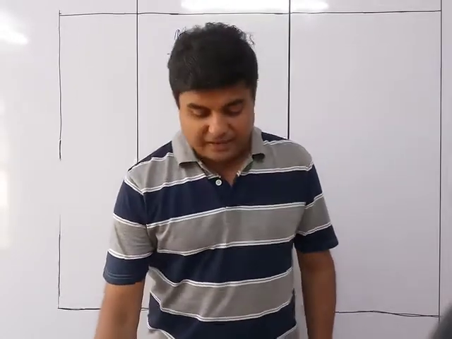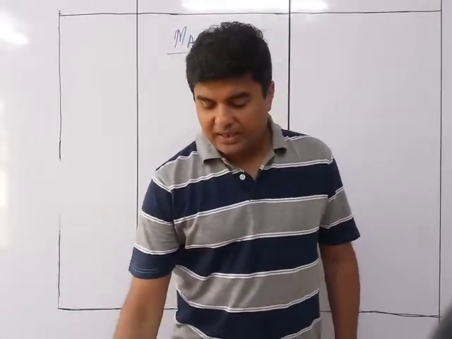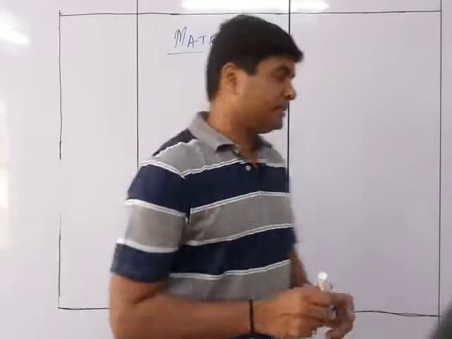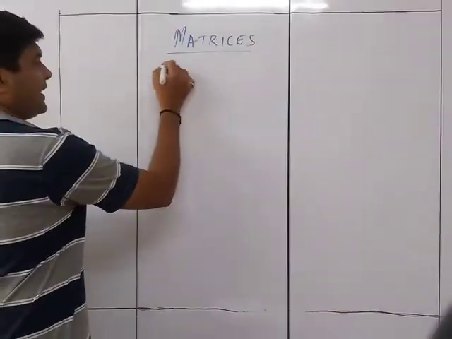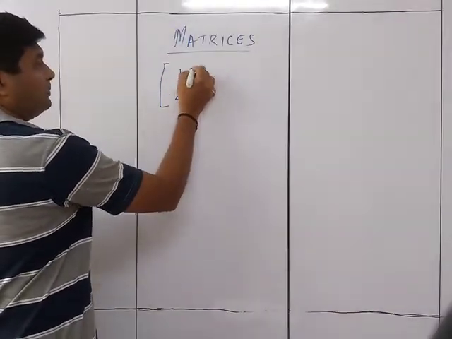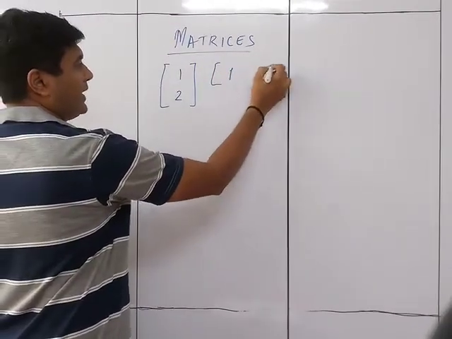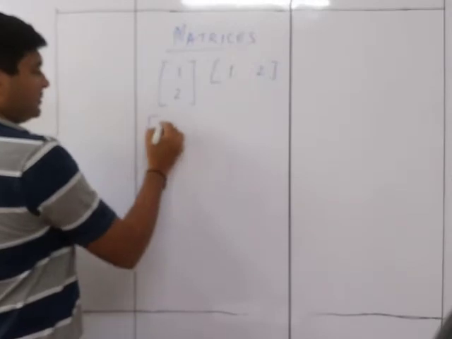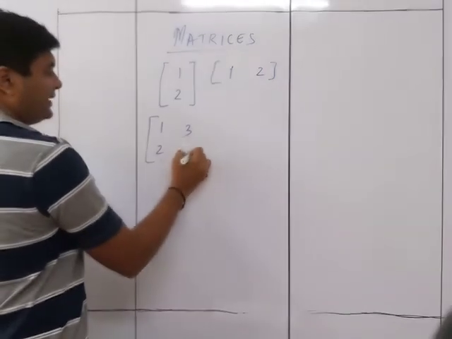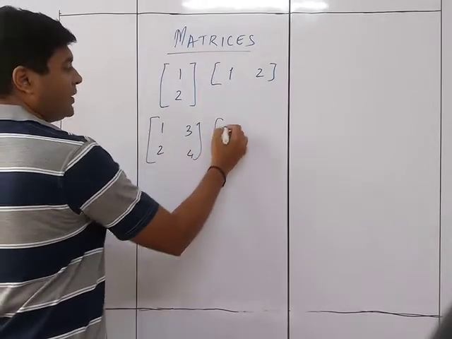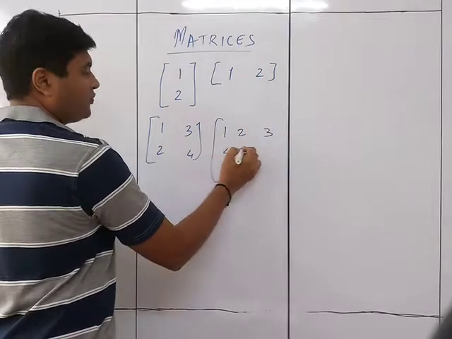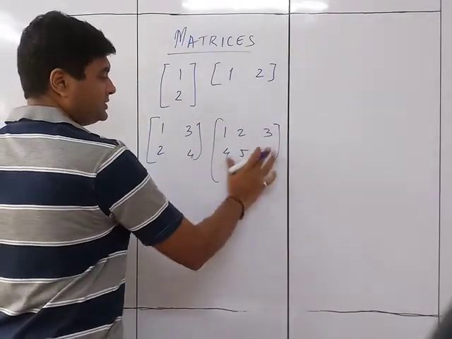Now in matrices, basically you are writing the numbers in a different form, which is called a matrix. That means it can be written in brackets like this, or you may write it as 1, 2 like this, or 1, 2, 3, 4, or 1, 2, 3, 4, 5, 6 like this.